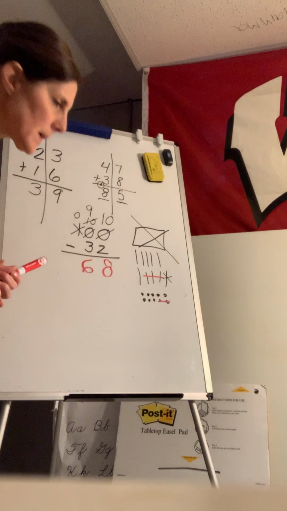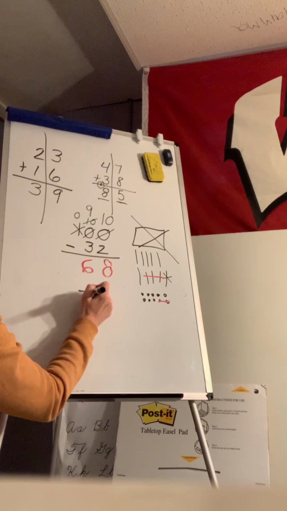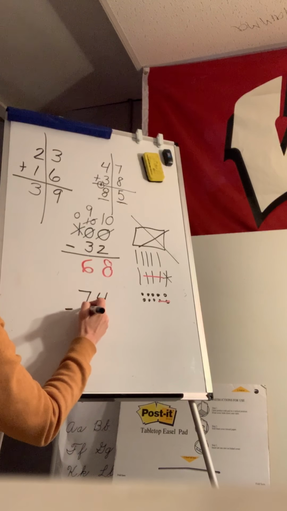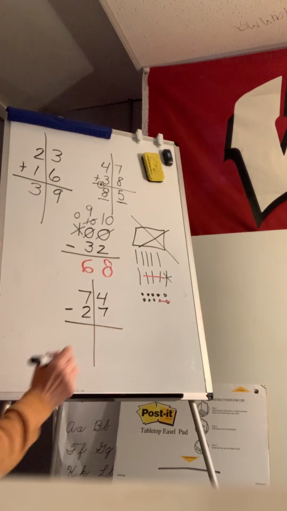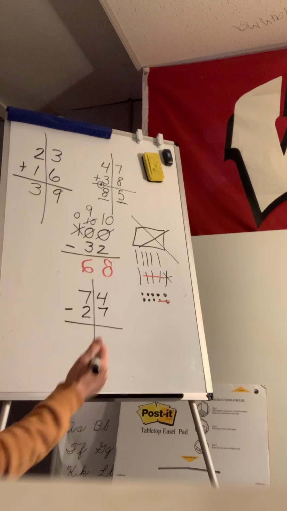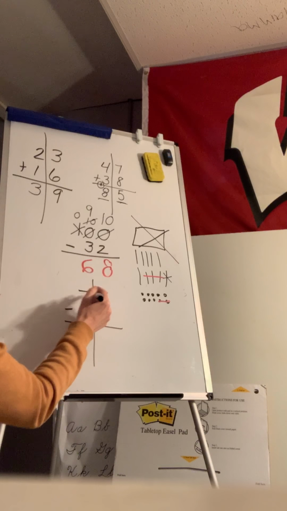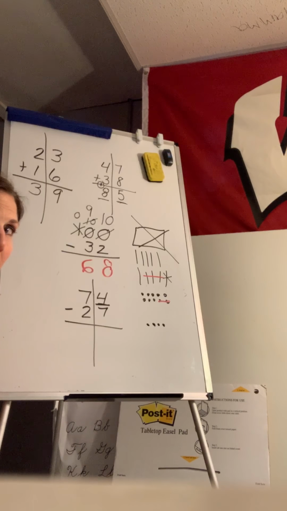Let's do one more example. Let's do 74 minus 27. Now, don't trick yourself into thinking that this is 7 minus 4. It's not. We start at the top, 4 minus 7. If I have 4 ones, can I take 7 away?